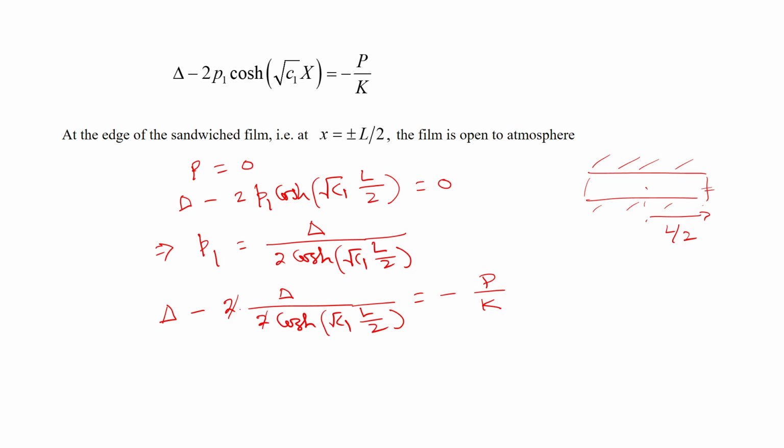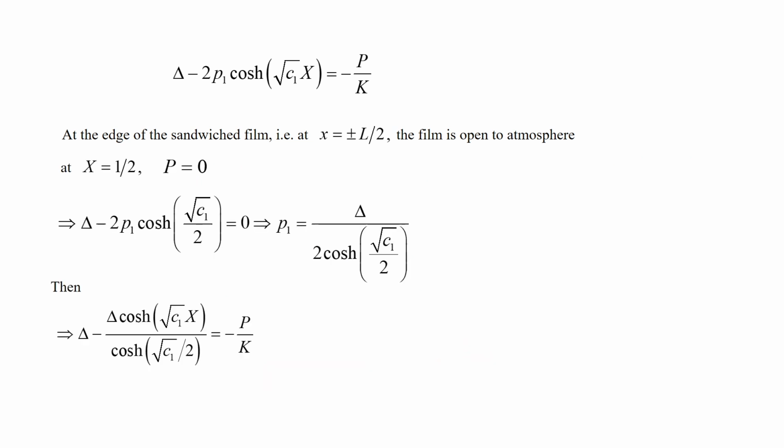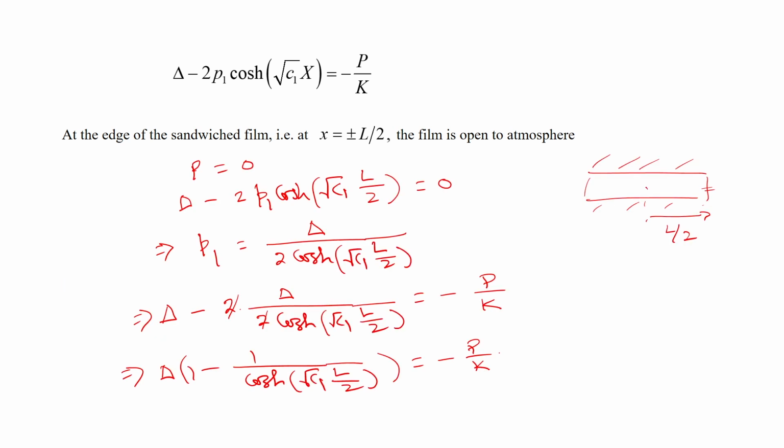So, what we have is delta into 1 minus 1 by cosh of square root of C1 into L by 2, equal to minus P by K. This is at x equal to L by 2, so at capital X. Here is one point that needs to be taken care of.